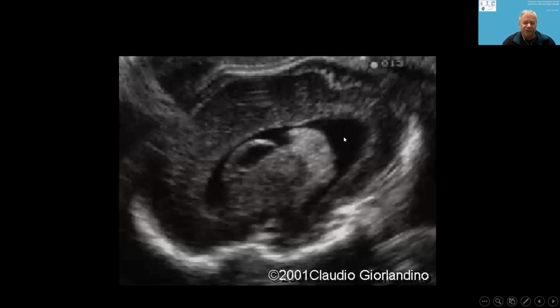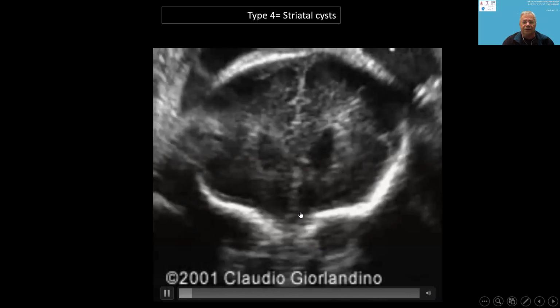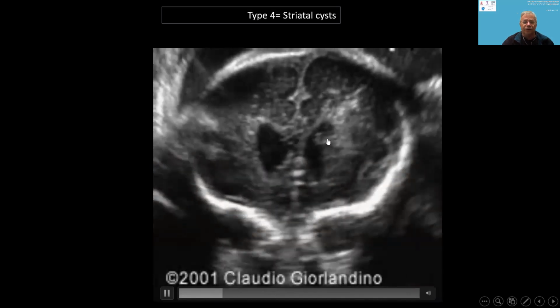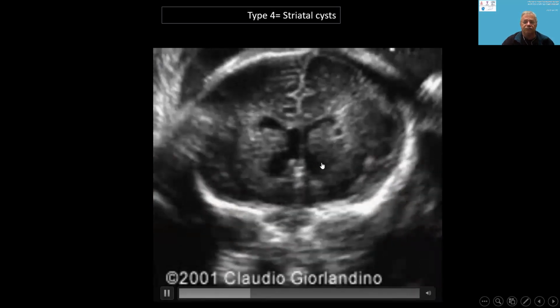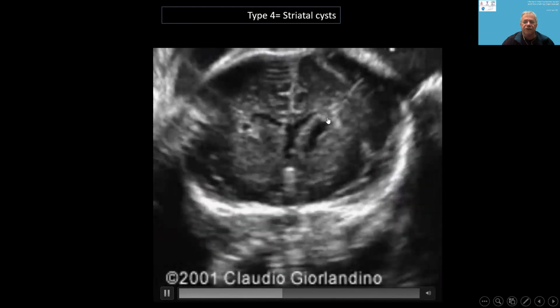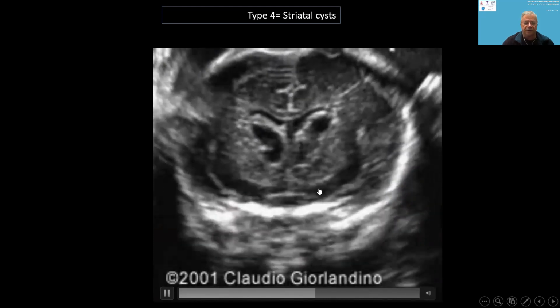The first to describe it in utero was the Italian Claudio Girolandino, in the fetus, and he called it striatal necrosis. You can see this cyst.